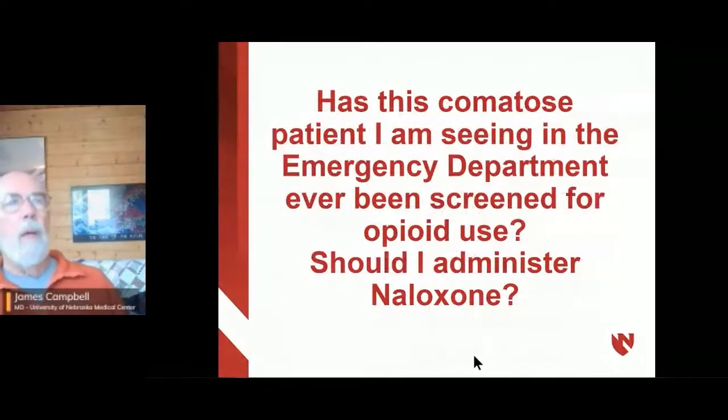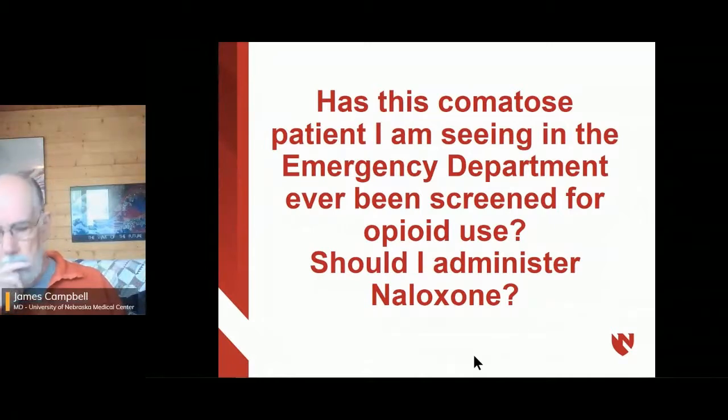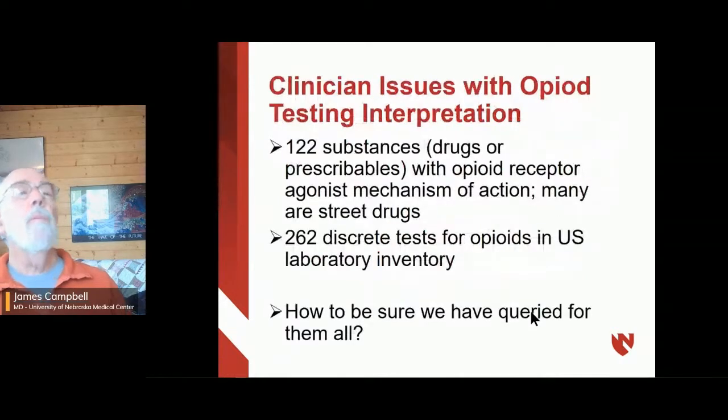Finally, I want to make a few comments about the use of the clinical laboratory. For that, I want to mention a use case that we discussed recently with our emergency department, who wanted a screen for opioid use because there's a readily available antidote called naloxone if a patient has an opioid overdose, and they'd like to know if this patient has ever been demonstrated to have used opioids.